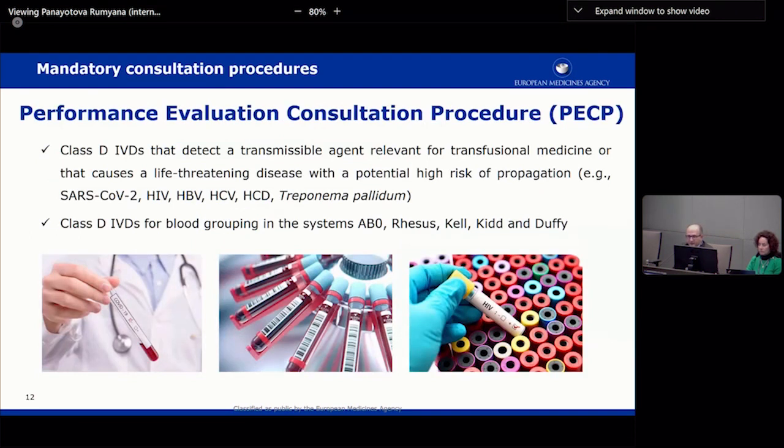Similarly, for the in vitro medical devices, we have the Performance Evaluation Consultation Procedure, the PECP, and it's mandatory for all class D IVDs. These can be broadly grouped into two different groups of products.